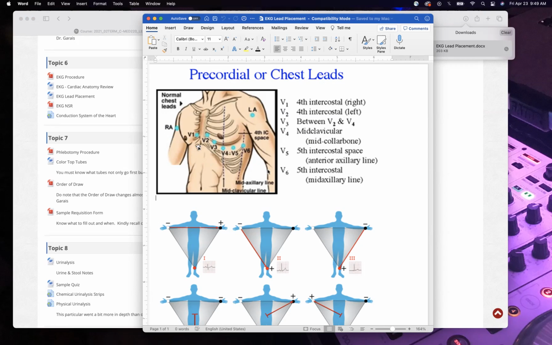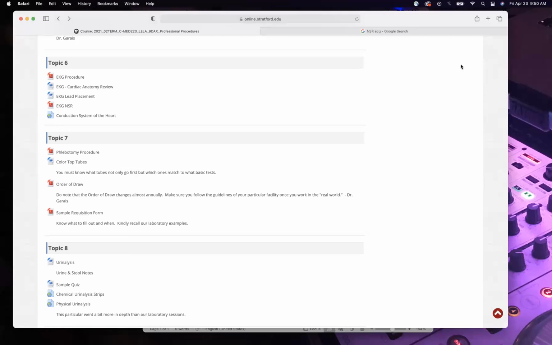So where are they? How do you place it? Because the first 2 are on your 4th intercostal space. Everyone now at home, feel your collarbone on your right side. Does everyone feel it? You got it? You can even look at my webcam. I believe my webcam's still on. Can everyone see my webcam?